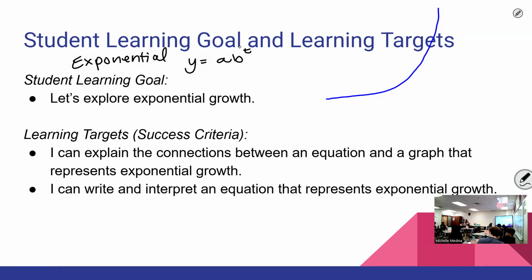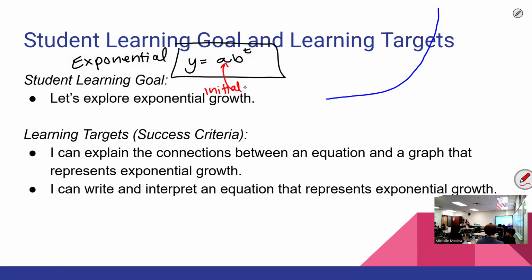And there's some variations of how you can write this, but exponential functions are y equals a times b to the t power. What does a represent? The initial value of whatever it is we're talking about.